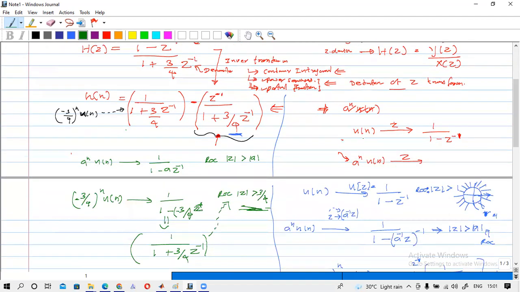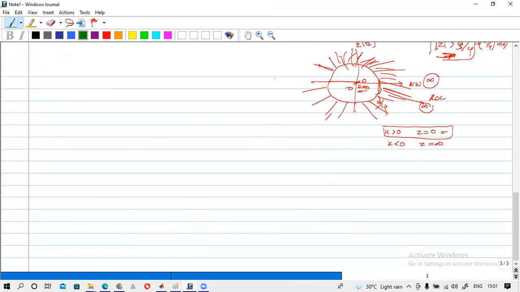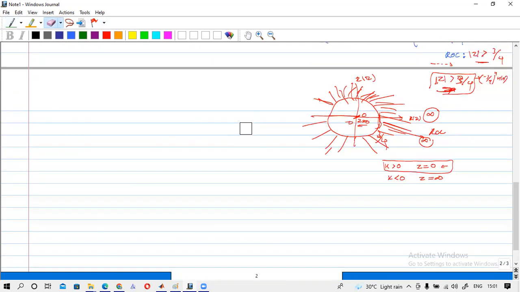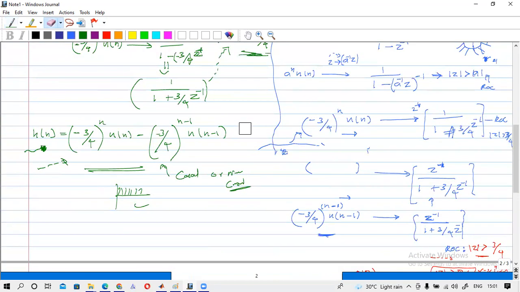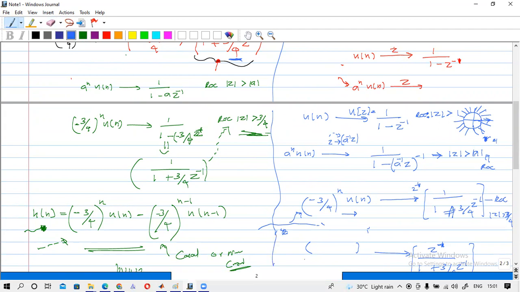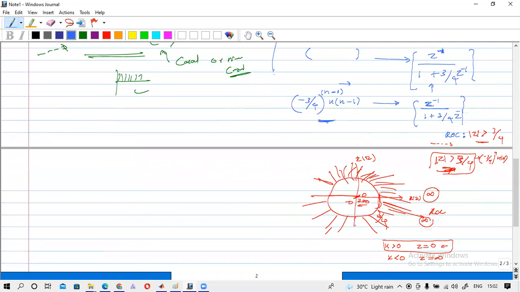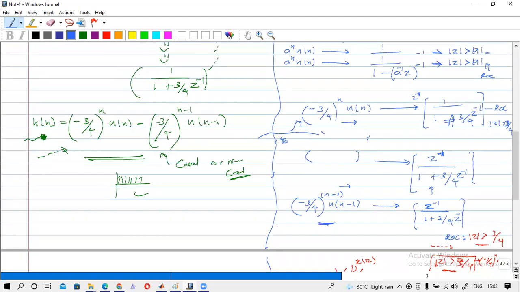I hope we have to do that one. If the partial fraction comes, I can't remember actually how to find the partial fraction. If it is a basic one, I can remember. I think in part A we performed the partial fraction, but I am not sure about this one. We will see.